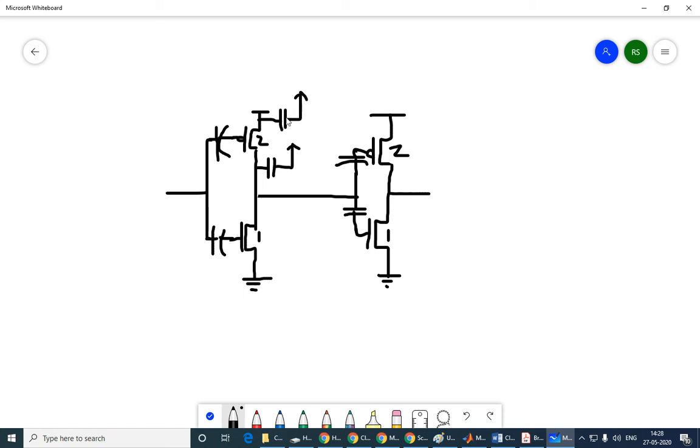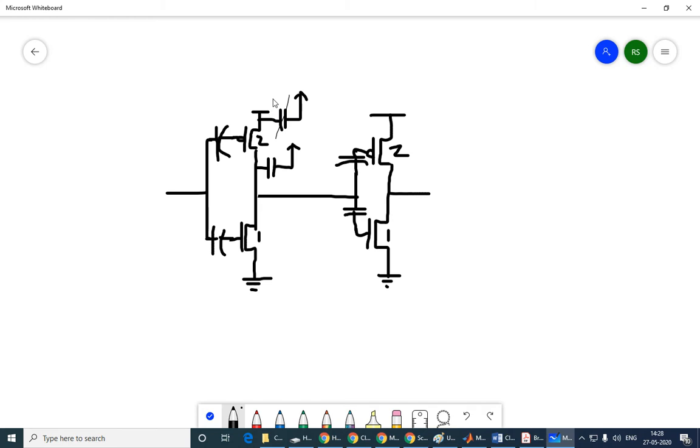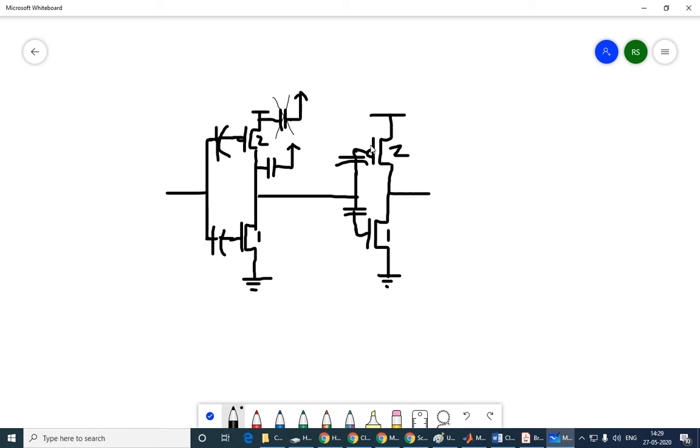So both the terminals are at the same potential, which means that this will never store any charge, so we don't have to worry about this capacitance. We can ignore this capacitor. Let's just strike this out. We have to remove all these capacitances which are called the non-switching capacitances. So this is one of them.